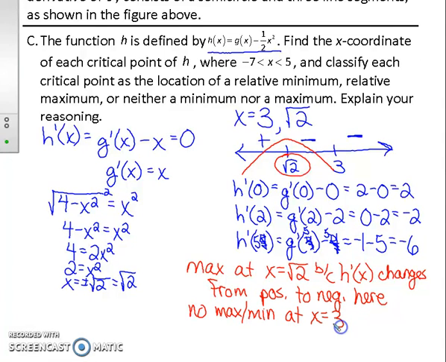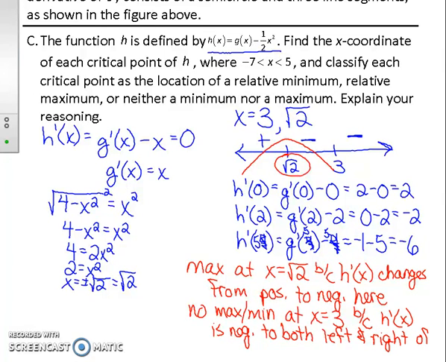So you do have to actually say you ruled it out, and you need to say why. So you would say because h prime of x is negative to both the left and the right of x equals 3.